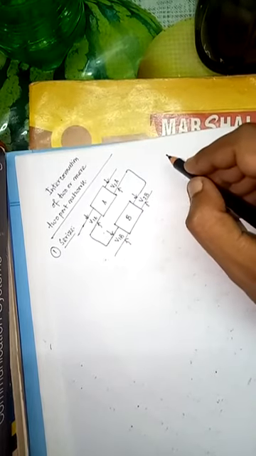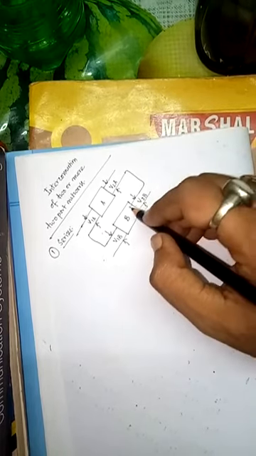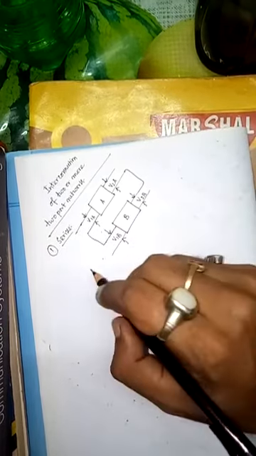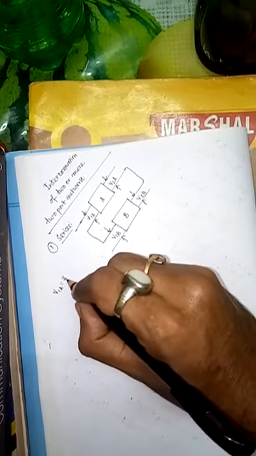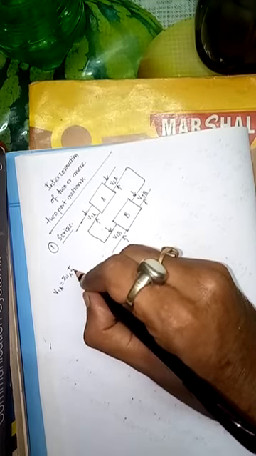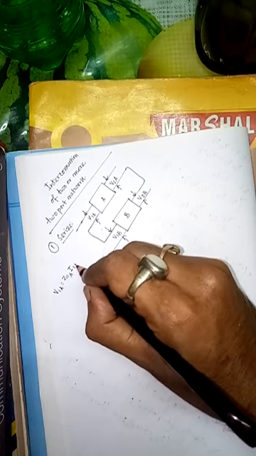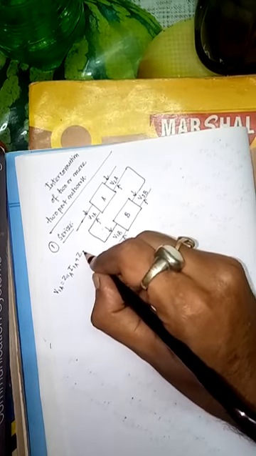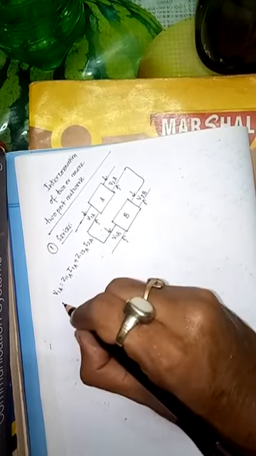Okay, what is the process you have to follow? In the first case, you know that V1A equals Z11A I1A plus Z12A I2A.